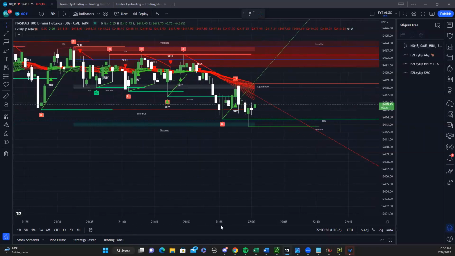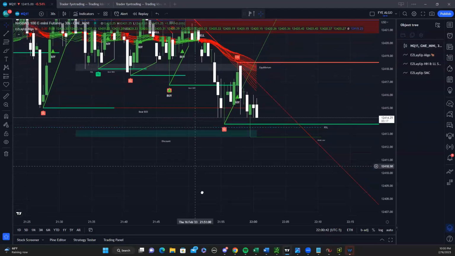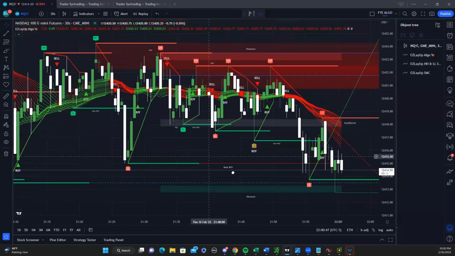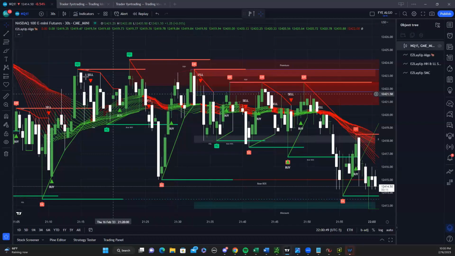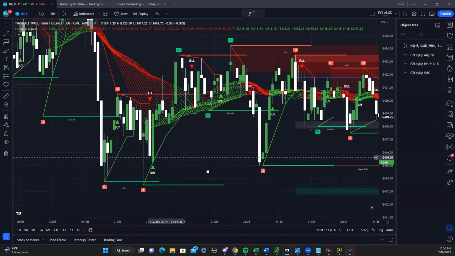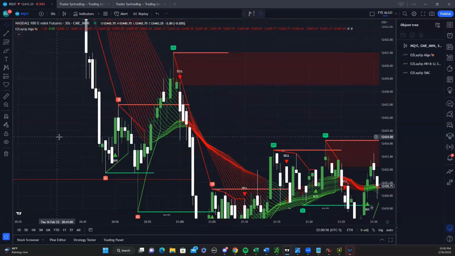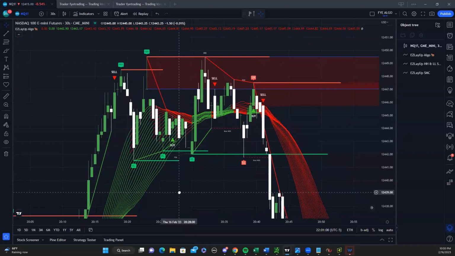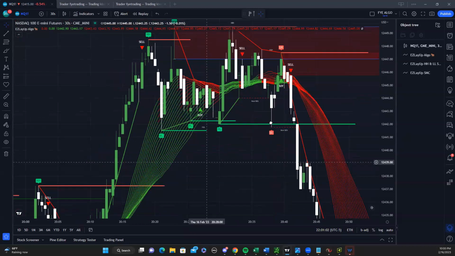Now, a couple other things that people like to pay attention to, and they are automatically labeled on the chart, which is a bearish breaker structure. Right there, you'll see that we also have equal highs labeled with the EQH here. We also have, just going over here to the left, seeing if I can find a bullish break of structure somewhere.